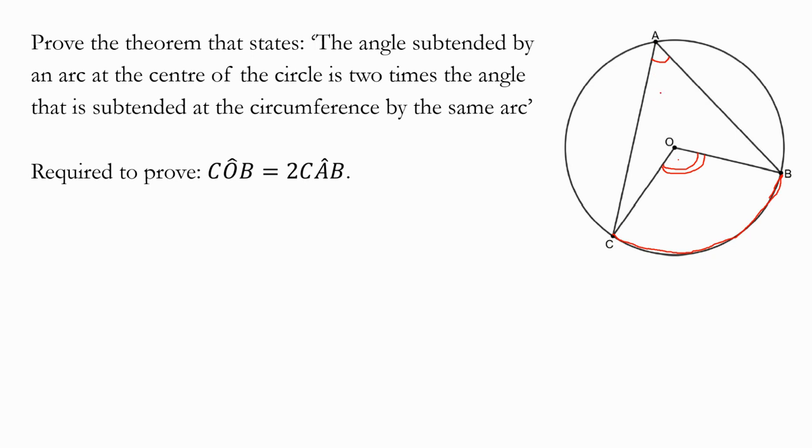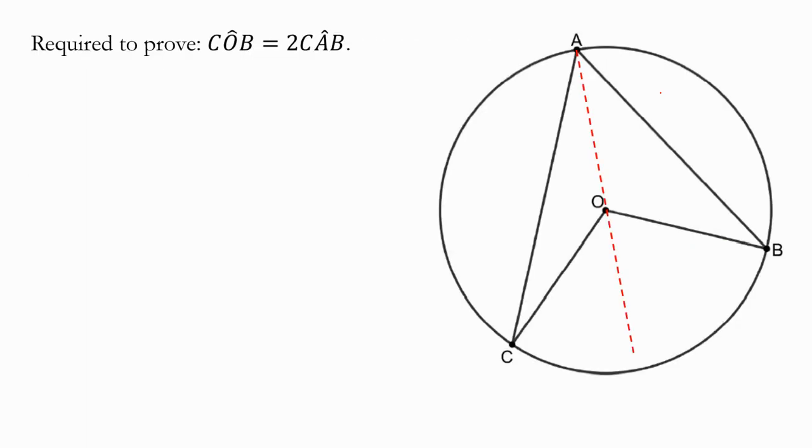So before we look at the proof, I want you to remember these two concepts. Right. The exterior angle of a triangle and the angles opposite equal sides. Just remember those two. The exterior angle of a triangle, we say that, let me just draw a triangle here.